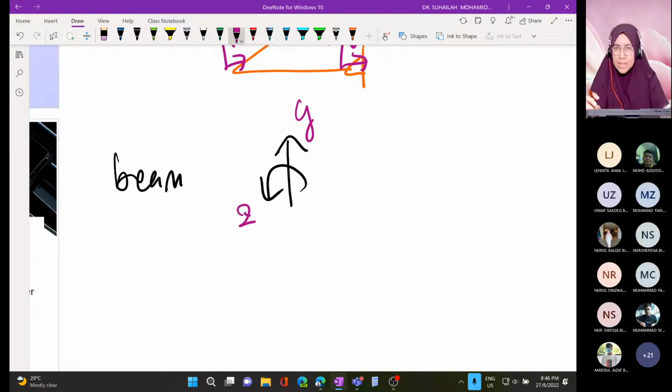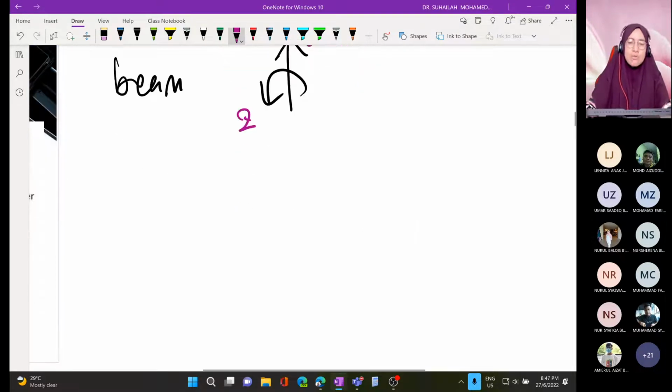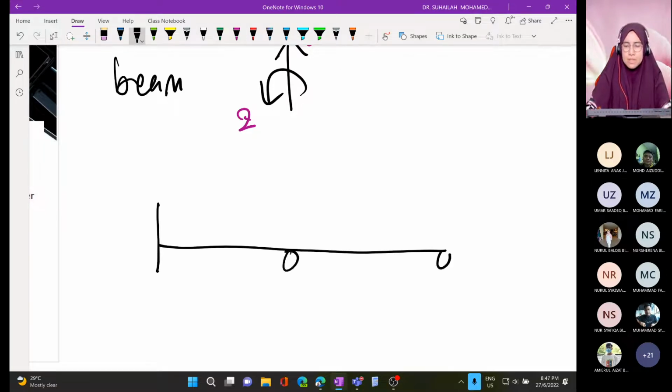We don't need to count X. In beam analysis, or frame analysis, beam especially, we will see that X in beam we don't need to count, because in beam normally the horizontal force and horizontal displacement values are 0. So for the stiffness method for beam, we count 2 degrees of freedom at each node in the Y and Z components. So for example, if we have a beam like this, it is a continuous beam.